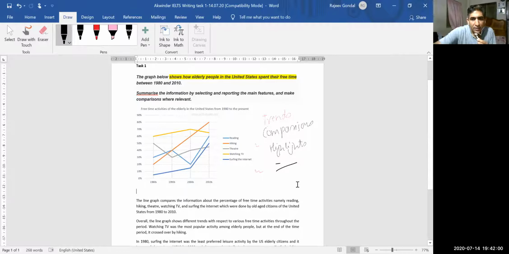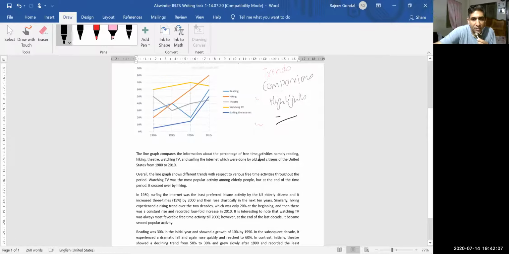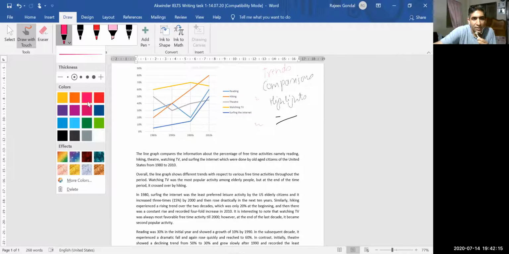If I look at the example here, it starts by saying that the line graph compares the information about percentage of free time activities. Now, it's not the percentage of free time activities, it's the percentage of time spent on free time activities. So this is supposed to be a little more precise.